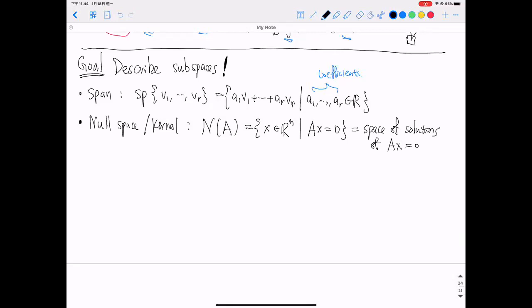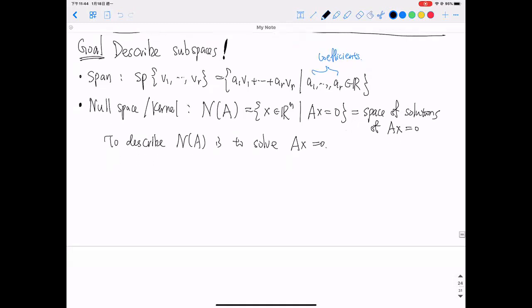We've seen some examples before of how to describe such a space. To describe it is to solve the system Ax equal to 0, and we know how to do that using row operations.